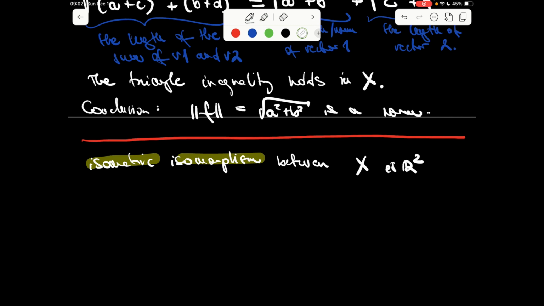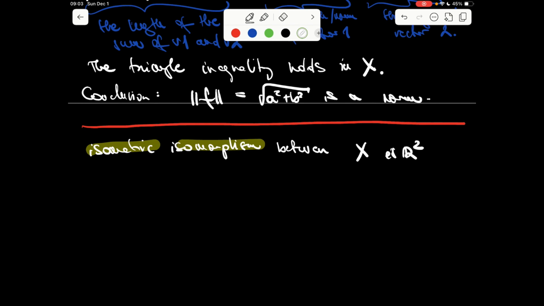Isomorphism is a mapping. We say that a mapping creates an isomorphism between two sets. So this is the mapping from X to R squared.